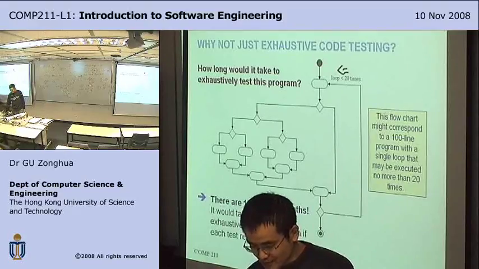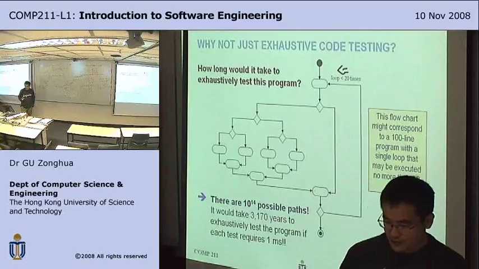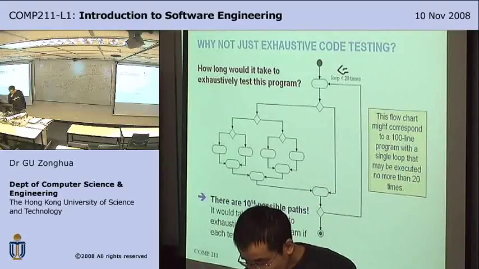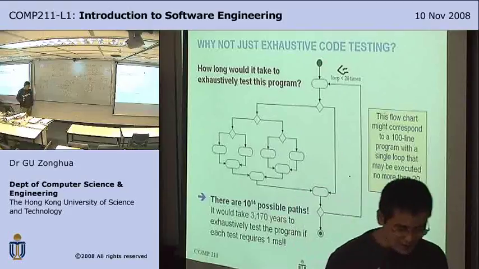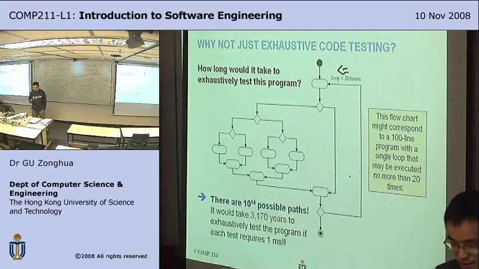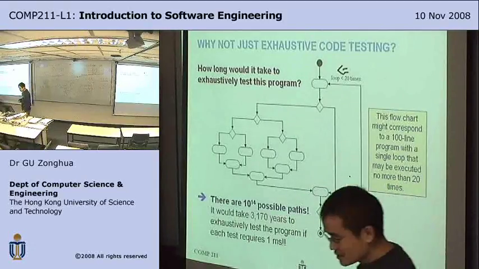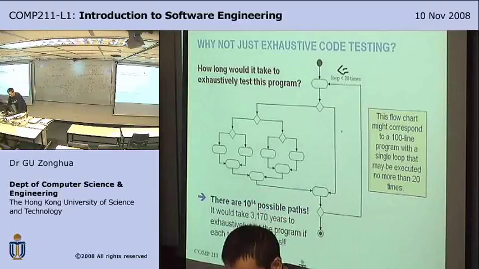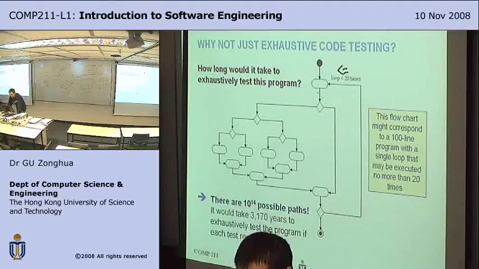It takes this many years to test the program, if each test requires 1 millisecond. Why? Because you have a combinatorial explosion of the possibilities. Consider how many paths you have at each loop iteration. You have this one.